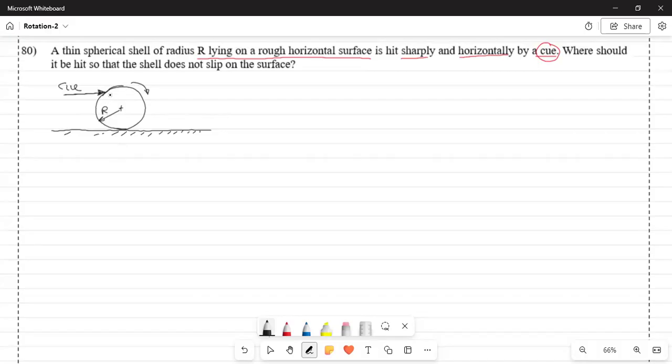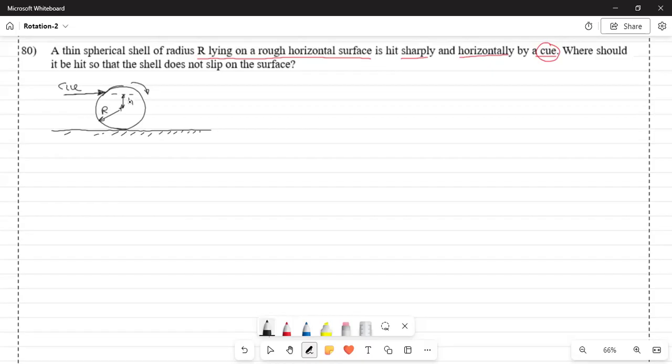Let us consider it is to be hit at a height h above the center. Those who play billiard or snooker all know that the ball has to be always hit above its center, right?